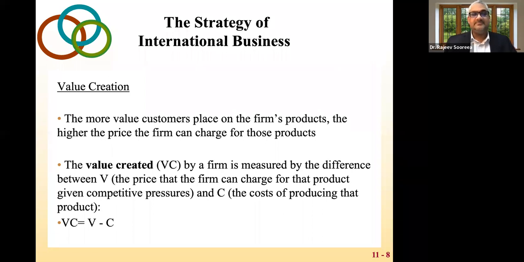So what is that? The more value customers place on your firm's product, the higher the price you can charge. So if you look at the Apple iPhone, people believe that this is an important product. This is a good product. So therefore, people can pay a higher price for the product, right? A Mac computer versus a PC, personal computer.